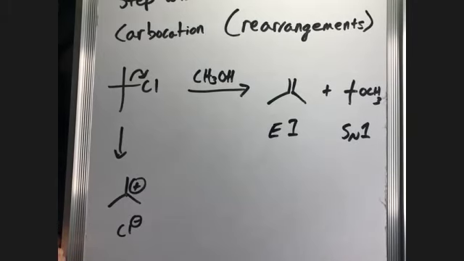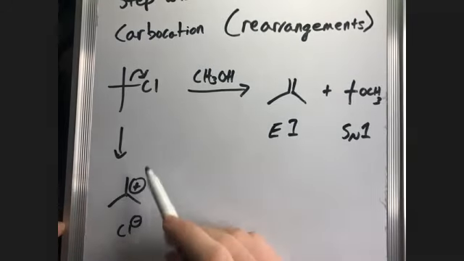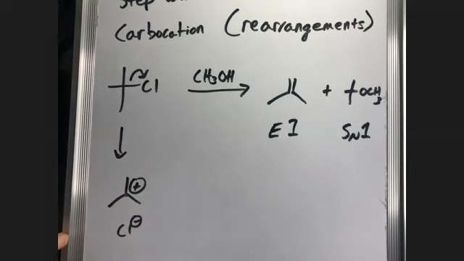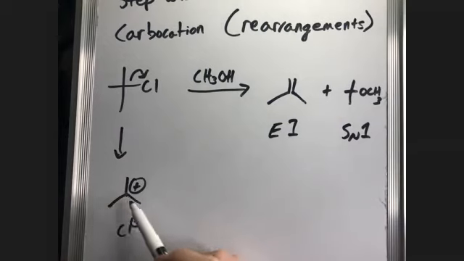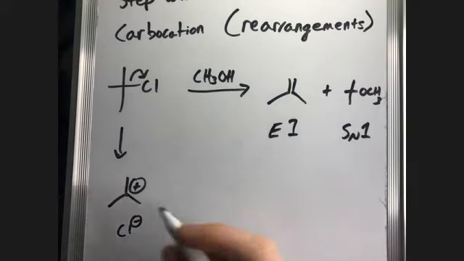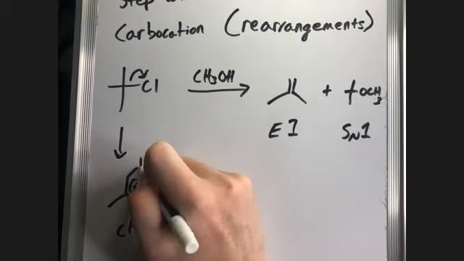So you're right in thinking that this is an extremely unfavorable step. But again, usually these reactions are done with a large enough concentration and over a large enough amount of time that some of the chlorine can leave, and then you'll have some molecules with this carbocation. And as soon as the carbocation forms, you'll undergo these types of reactions, Sn1 and E1.